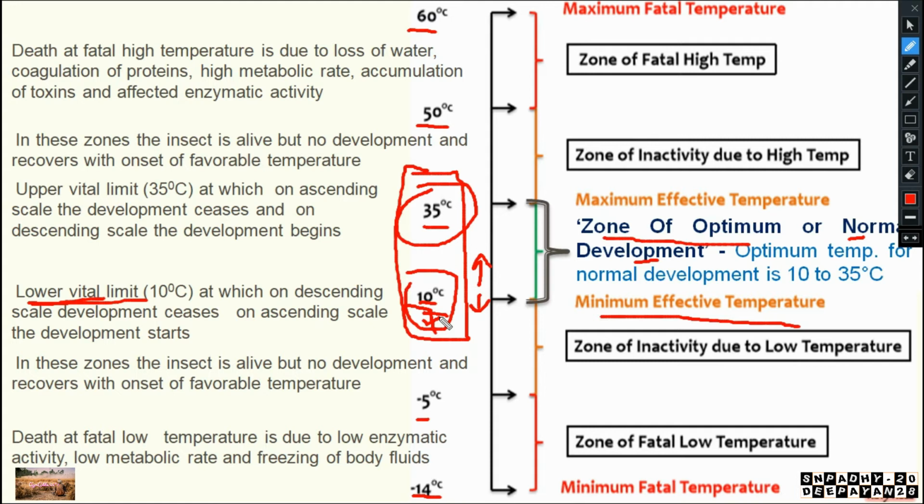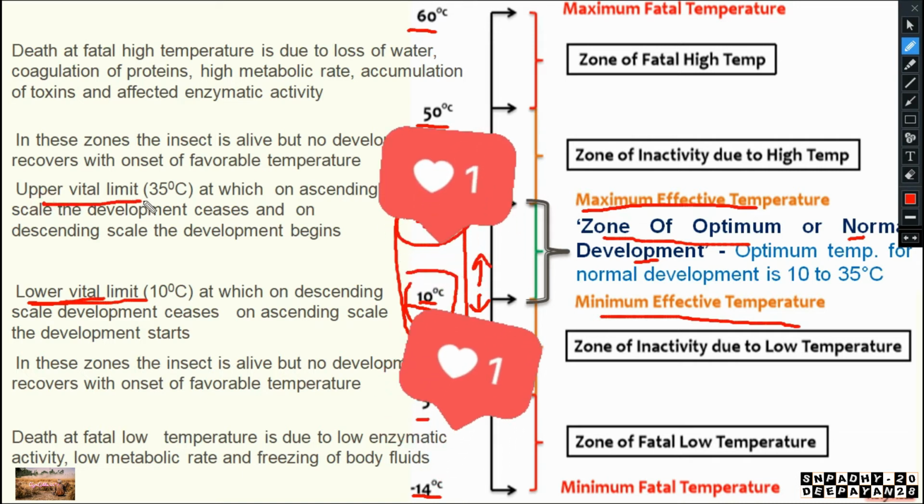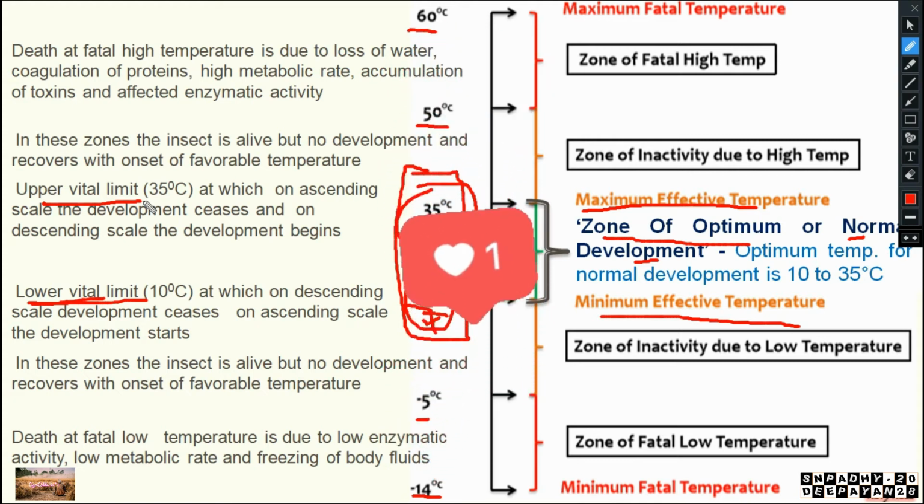Then coming to this 35 degrees centigrade. This is also known as maximum effective temperature and also known as upper vital limit. So how to define maximum effective temperature? This is the maximum temperature. If you go above, the normal growth and development will be disrupted.